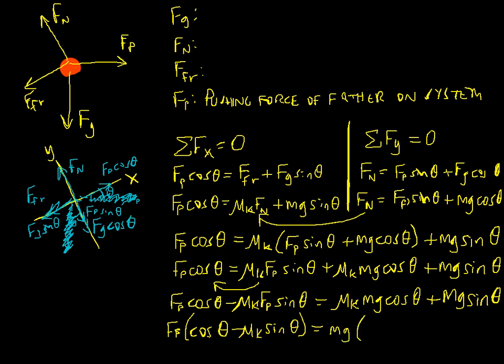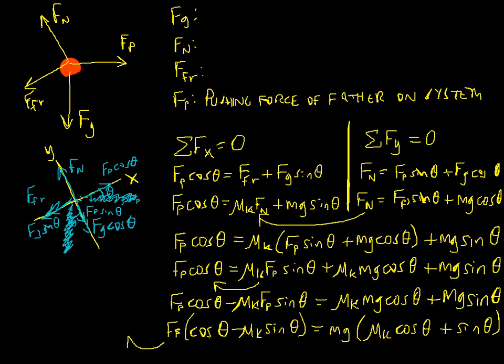So mg times mu k cosine of theta plus the sine of theta. And then the last step would be to get the Fp by itself, divide both sides by this whole term in parentheses.